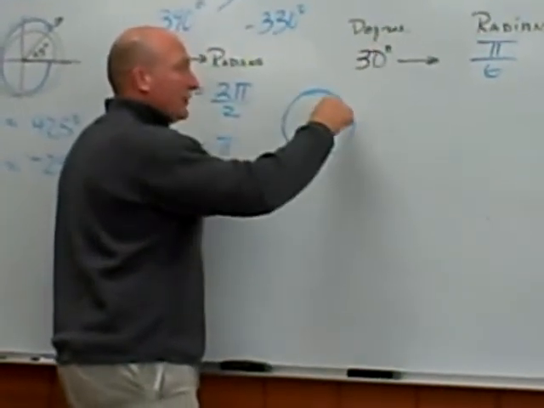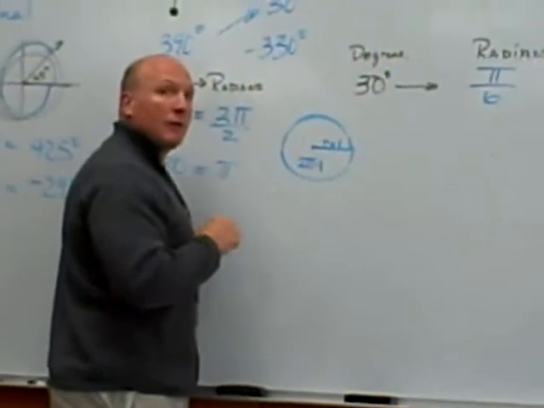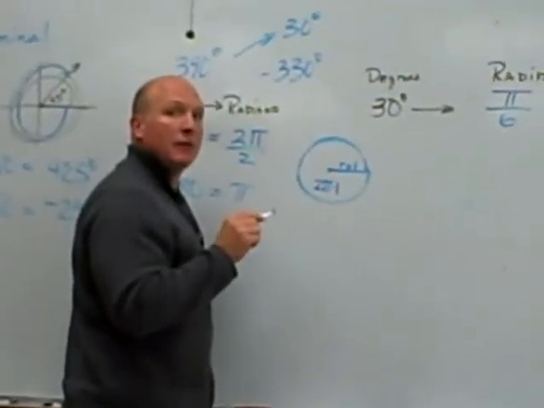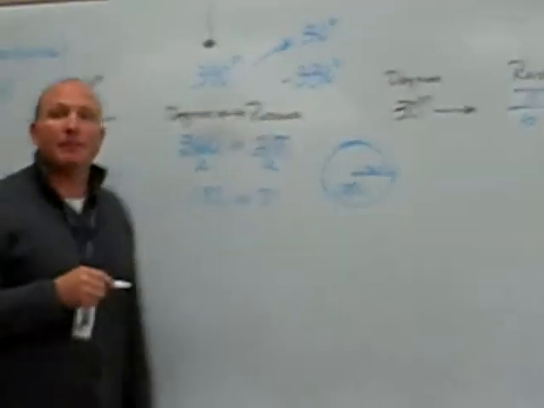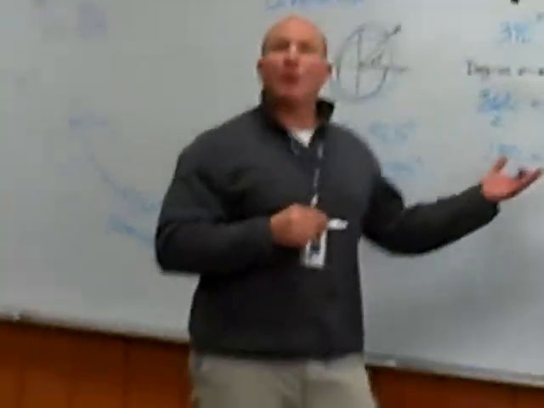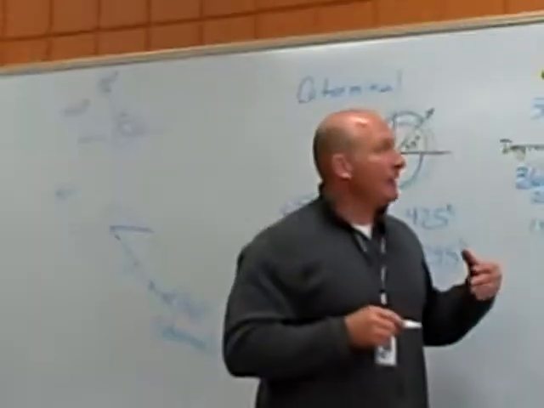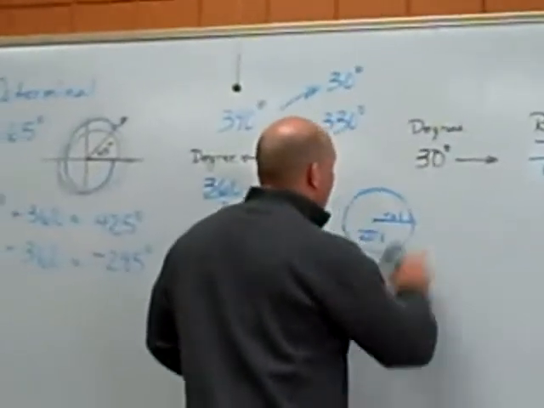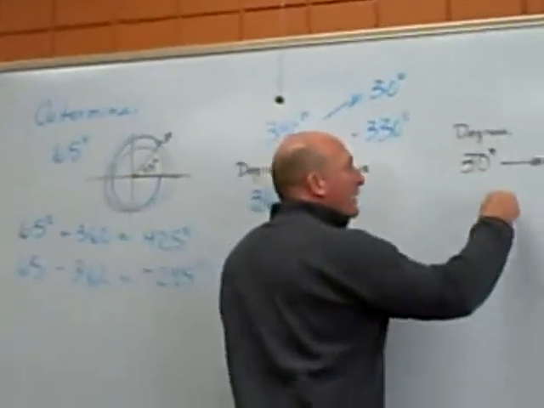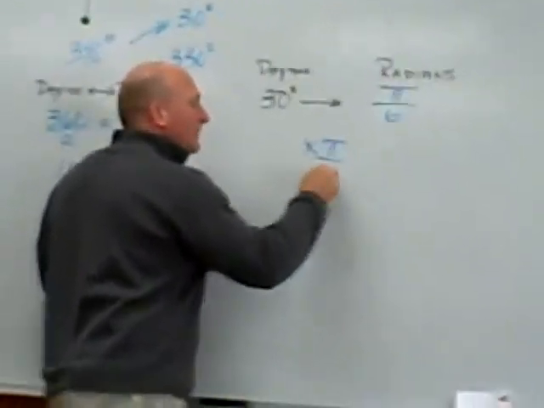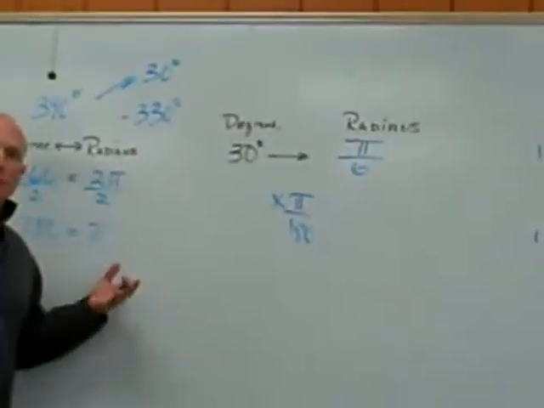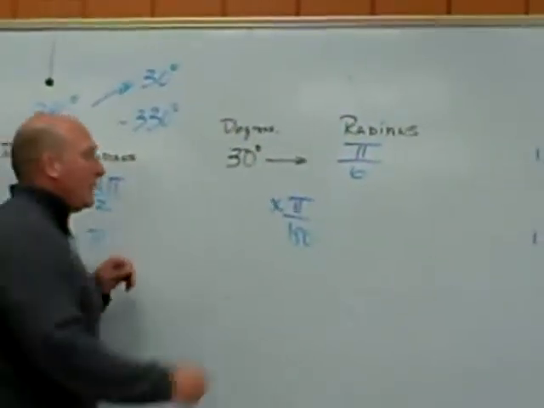That's a full circle. Agree? Well, what's a full circle in degrees? 360. There's where it comes from. So halfway around would be 180, or pi. So by multiplying by pi over 180, that's basically multiplying by 1. The same thing. We're just converting.